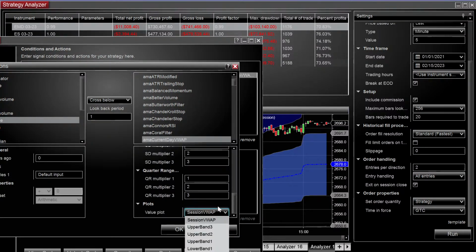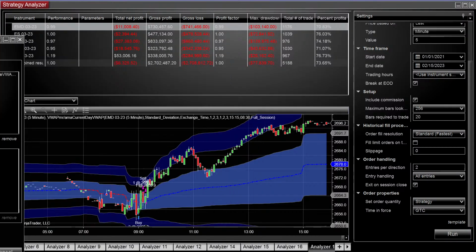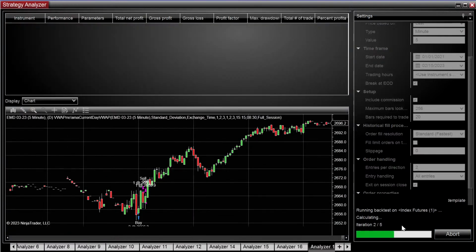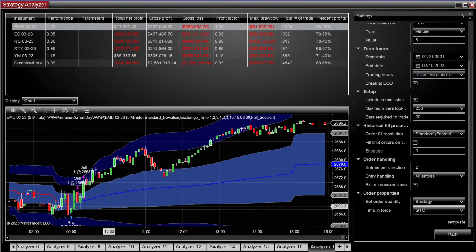Let's make it a little more aggressive. Let's do the lower band beneath it. How is it still getting out right there?